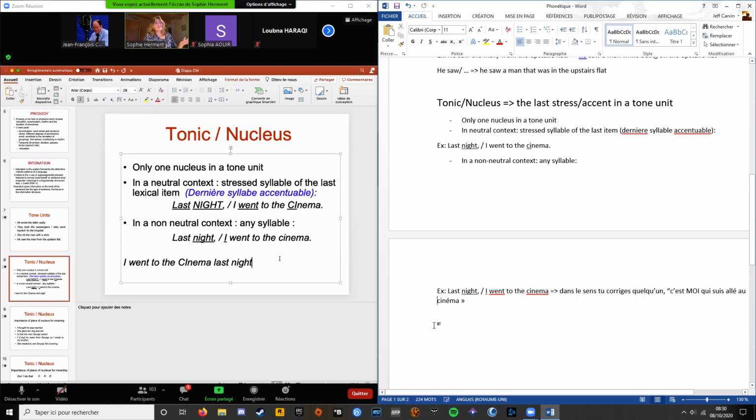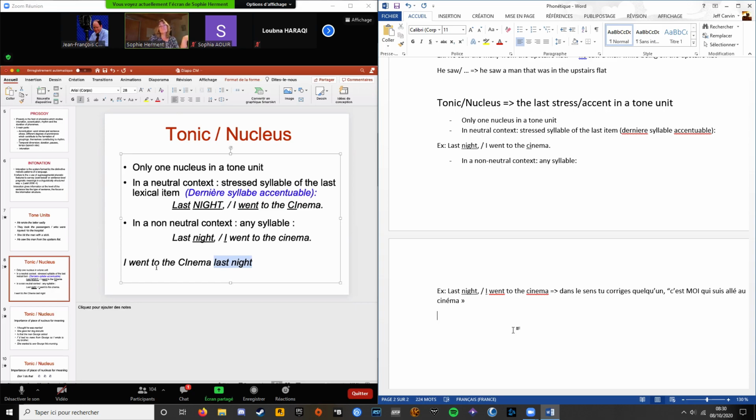But if you say this, you'd probably have, I went to the cinema last night, because probably you're already talking about what everybody did last night. So last night is already known. This would be given information. Okay, so you wouldn't accentuate last night again because it's already known.